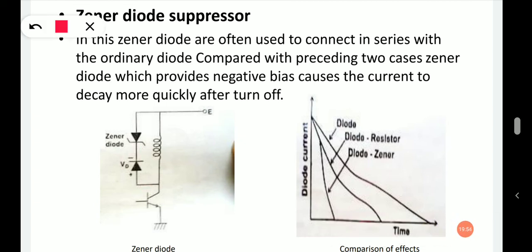In this, a Zener diode is often connected in series with an ordinary diode as shown in the figure. Compared with the preceding two cases, the Zener diode, which provides negative bias, causes the current to decay more quickly after turn off.